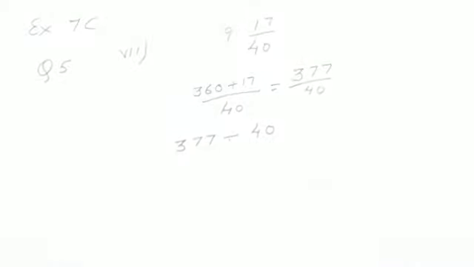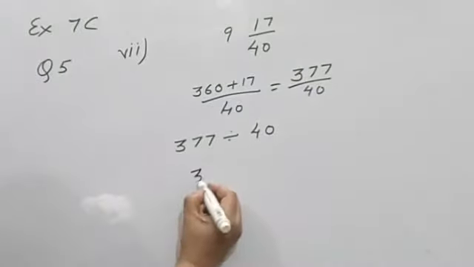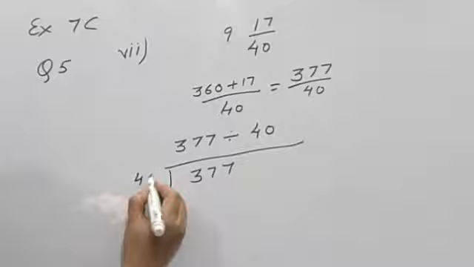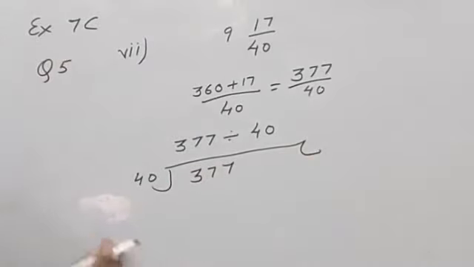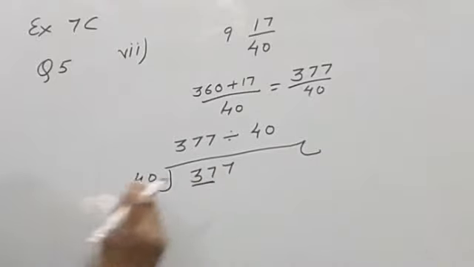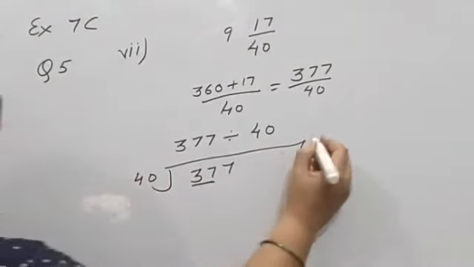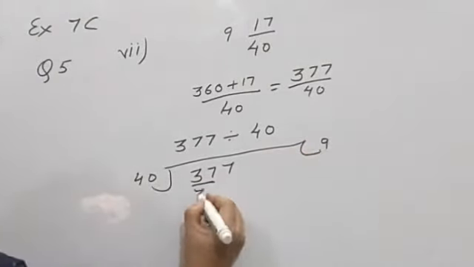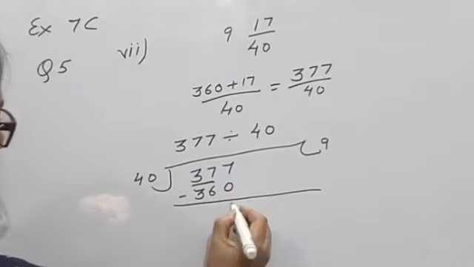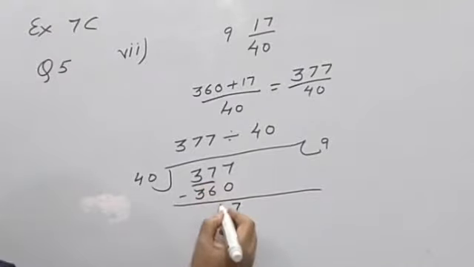So let's proceed. The dividend is 377 divided by 40. 4 9 36. 36 is very close to it. So how many times will it go? 9 times. It becomes 360. Subtract. 7 minus 6, 1.